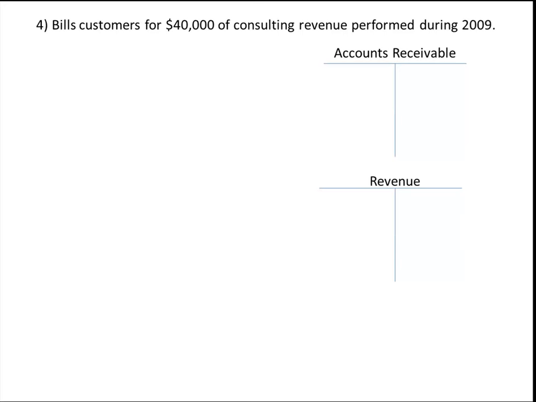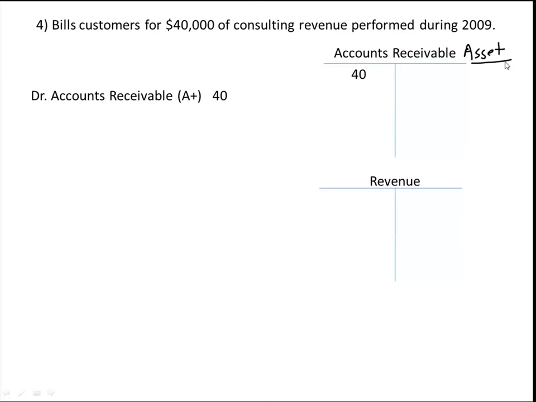There's no cash in this transaction. Curses! So we can't start with that one first. However, we can look at our accounts receivable, which we know is an asset, and begin with that one. We have more accounts receivable. We know what to do with an asset account when we've got more of it. More assets means a debit, and so we're going to begin by debiting our accounts receivable for $40,000.